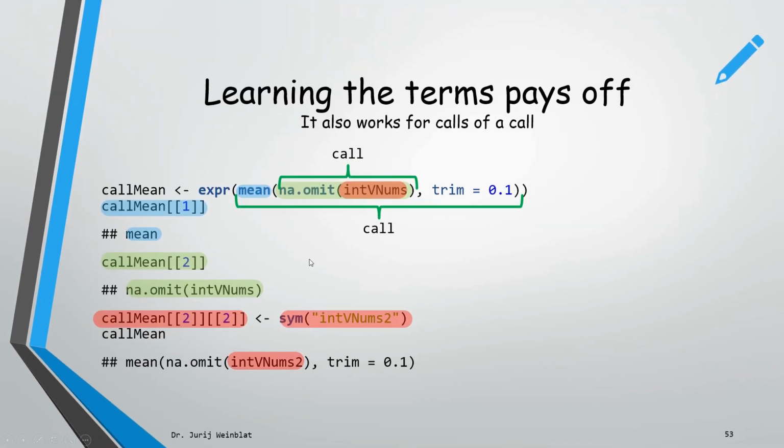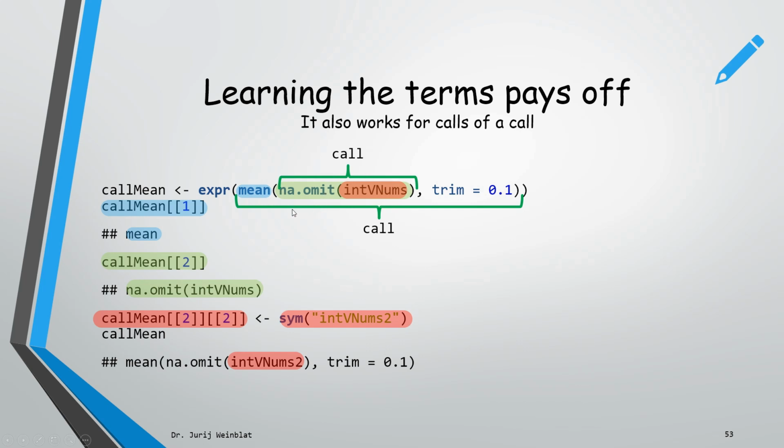And the last thing I would like to show you is that we can not only modify calls on the higher level, we can also modify calls which are subcalls. So if we have a high level call, which is mean in this case, we can also execute it on an outcome of another call, and we can also modify this included call as well.